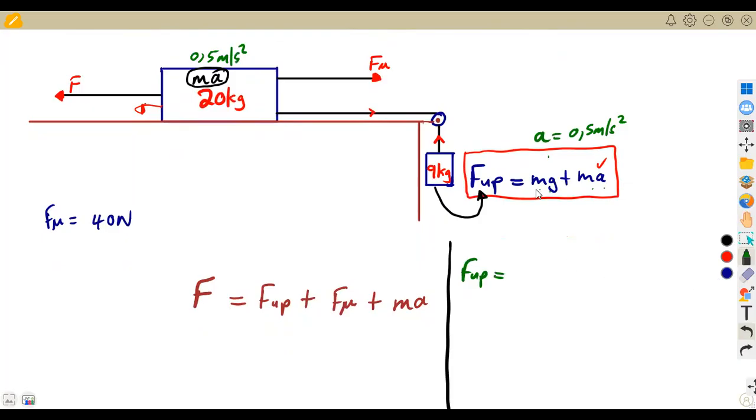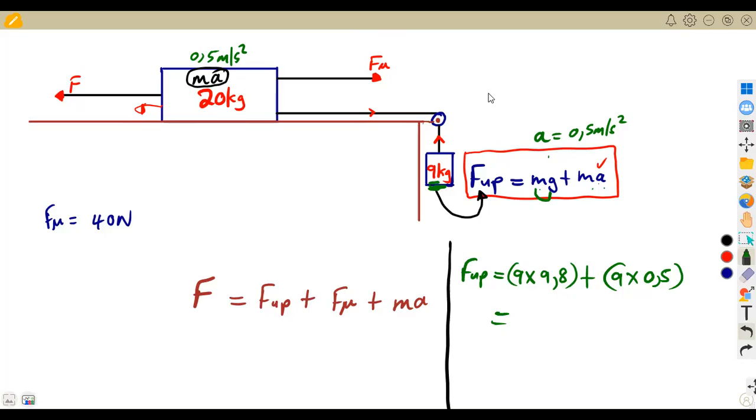Our F up is mg plus ma. Our mass of this object, the one that is going up, is 9 times 9.8 plus ma, which is mass of 9 times acceleration of 0.5. In this manner, we obtain our F up.